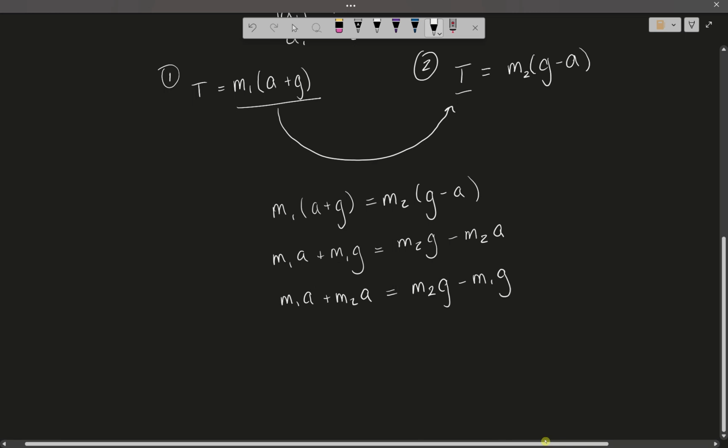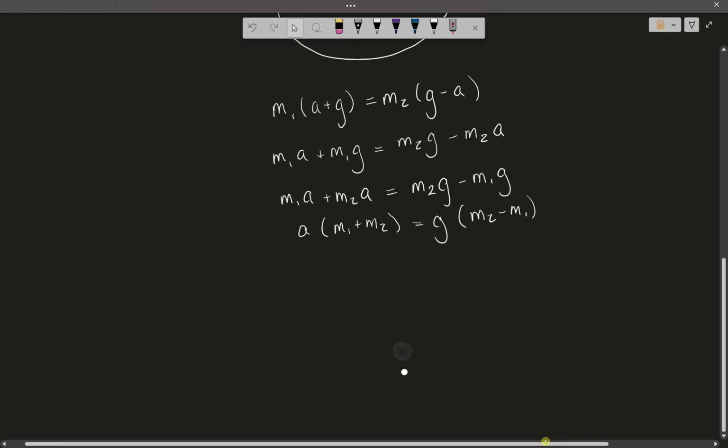The next thing I want to do is pull the a's out on the left-hand side. So a times m1 plus m2 will be equal to, and I can pull this g out, g times m2 minus m1. The last thing that I need to do here is divide both sides by m1 plus m2. This will give me the acceleration, right?